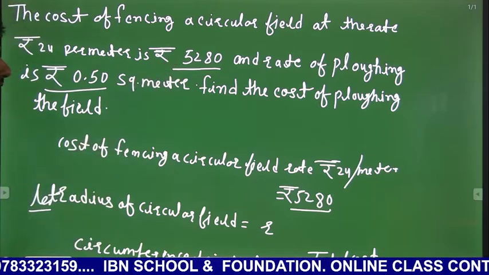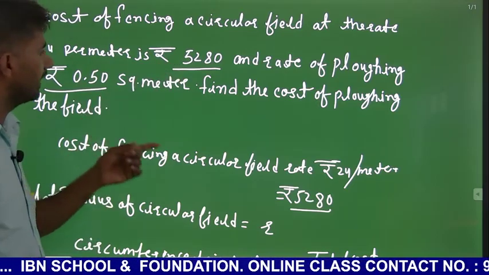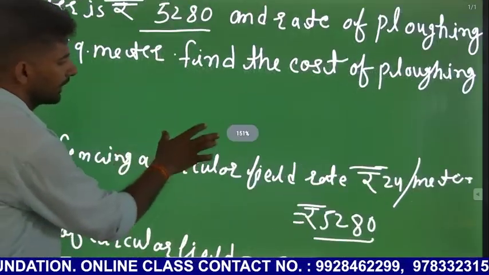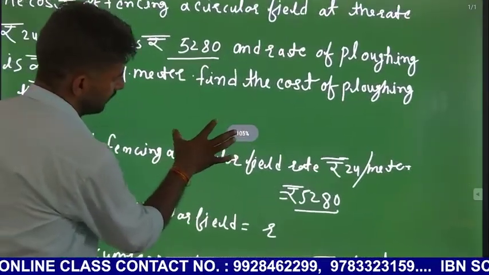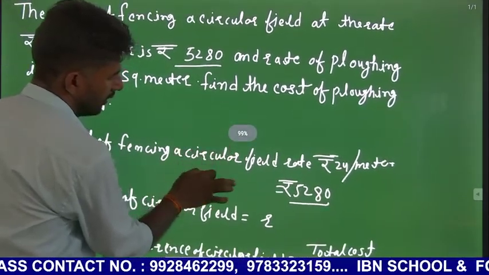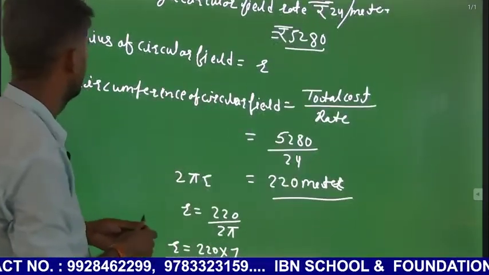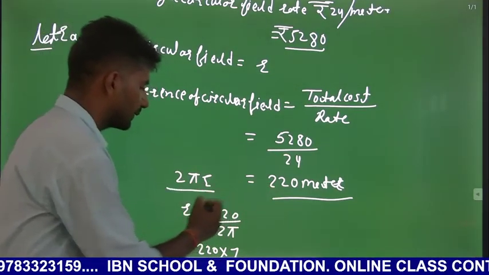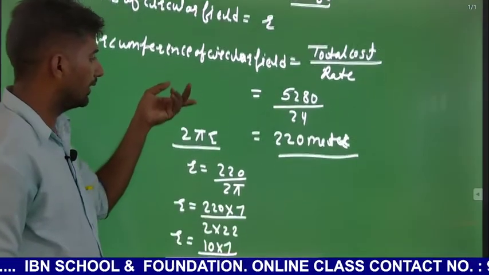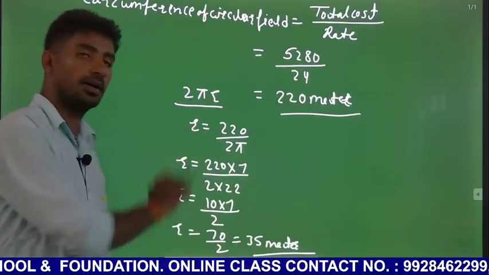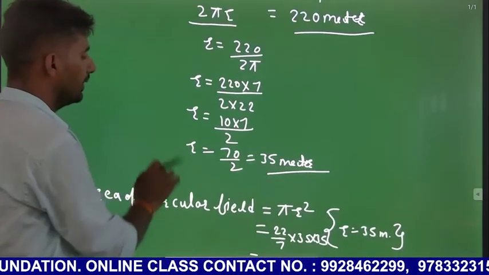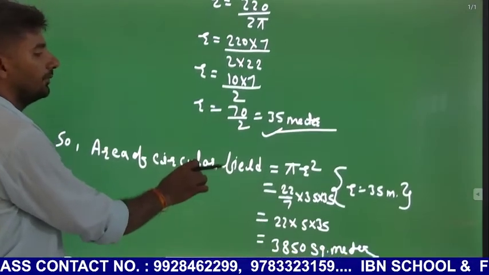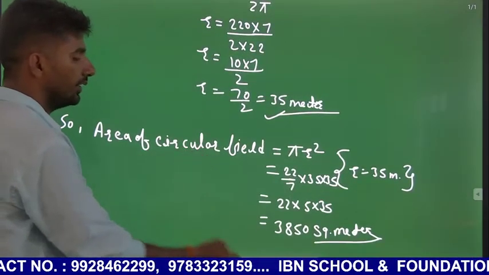So we divide the total cost by the rate, and find the circumference of the circular field. According to this we find the radius of the circular field, which is 35. Now with the help of the radius we find the area of the circular field.